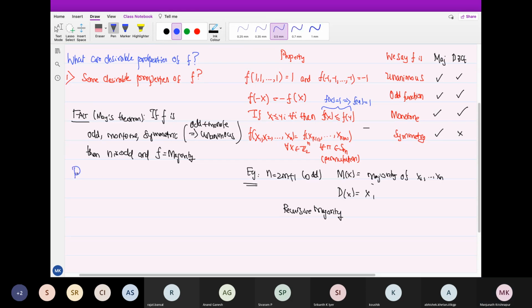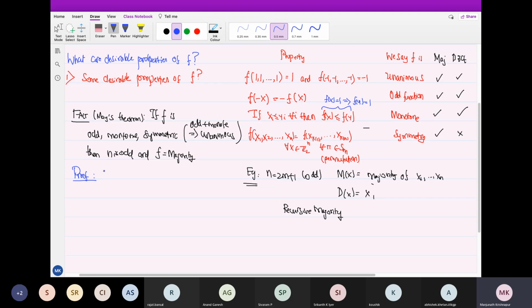So f is monotone and symmetric. The proof is actually quite simple.